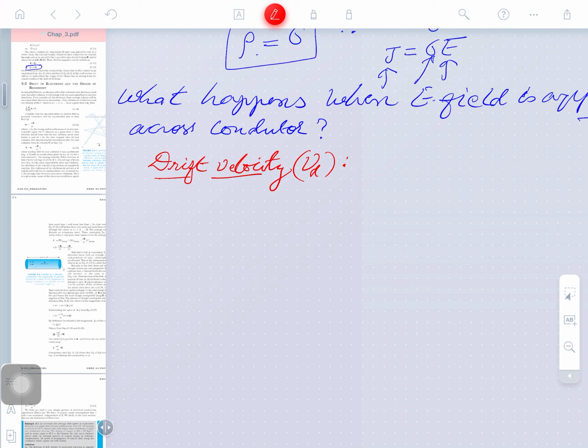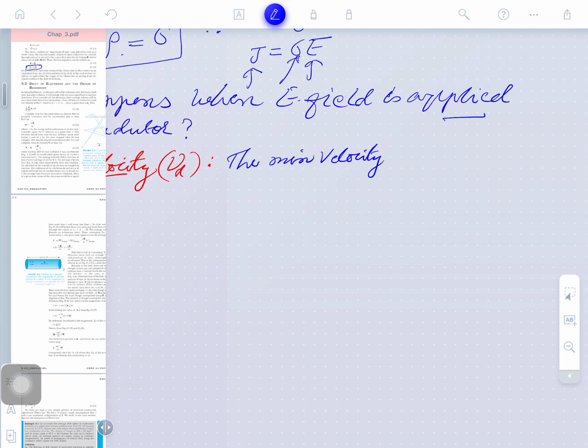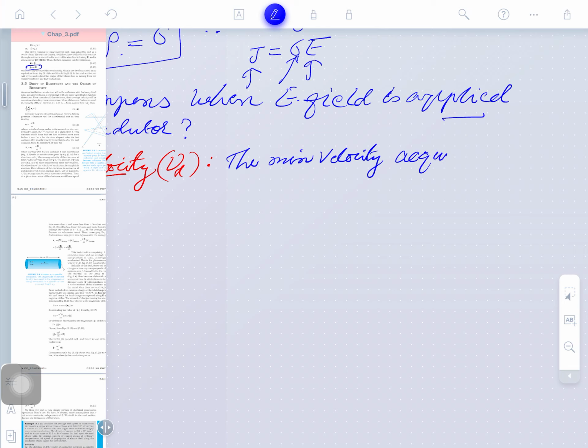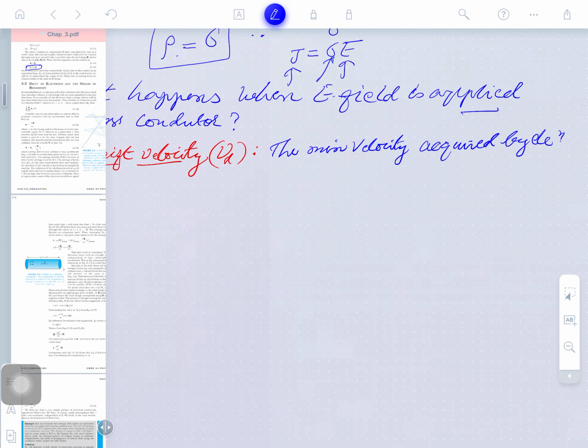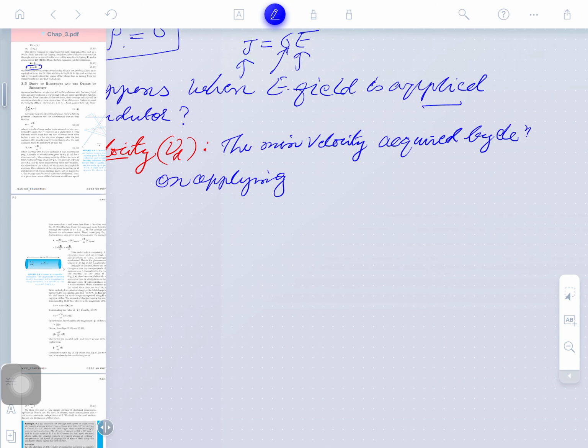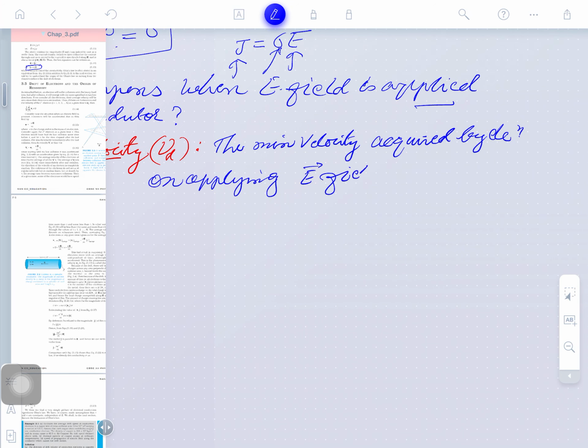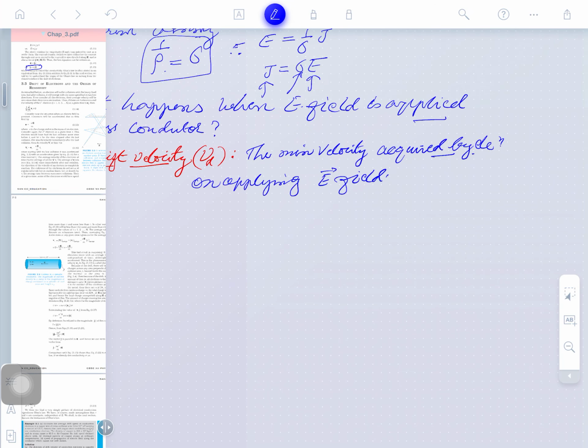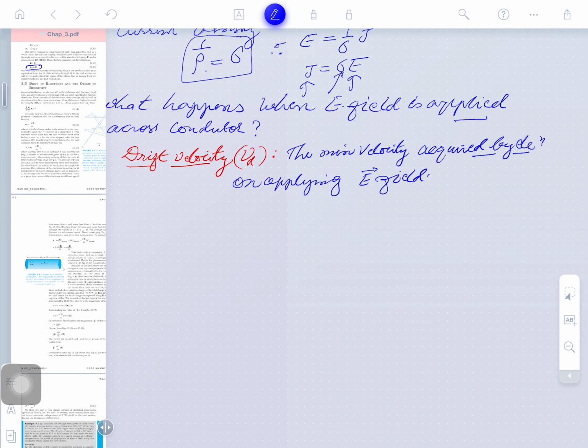Please go on writing the answer. The minimum velocity acquired by electrons on applying an electric field. This is called drift velocity.